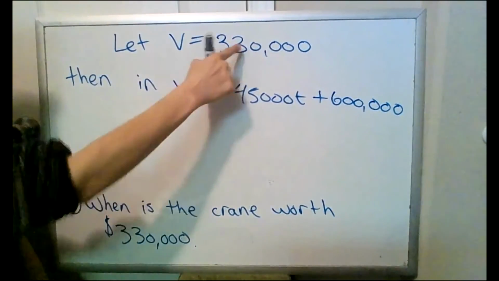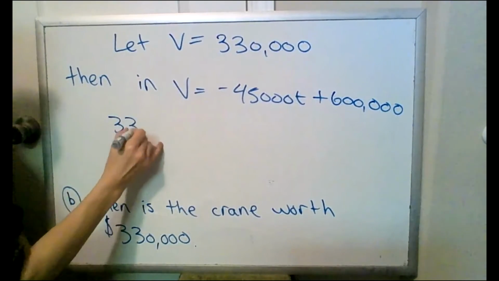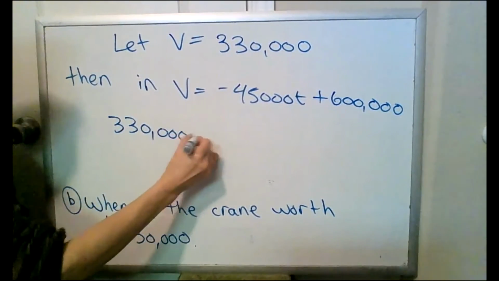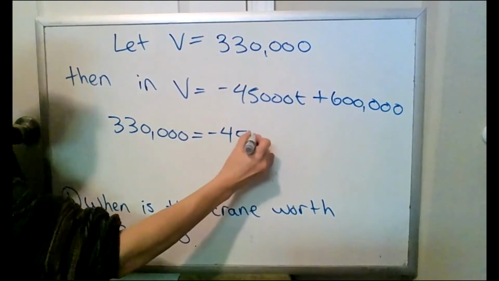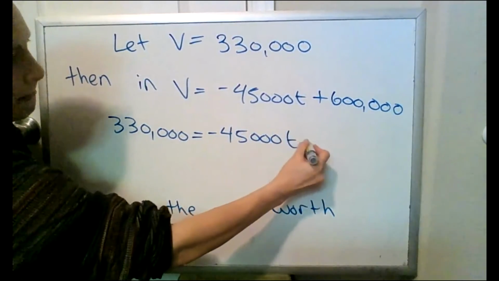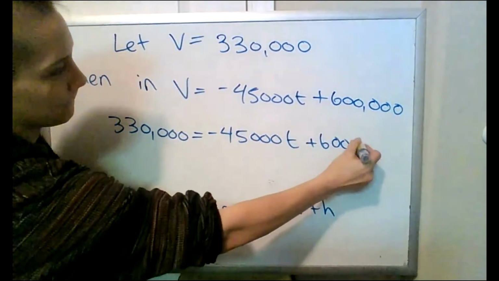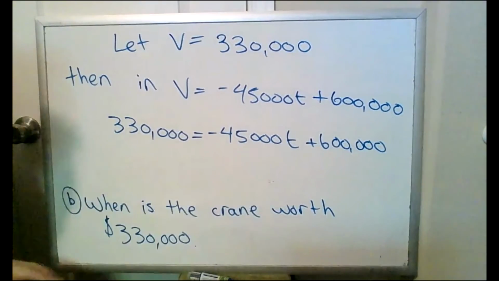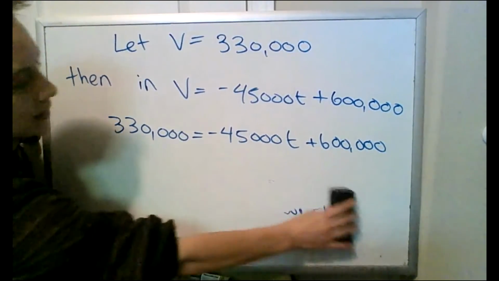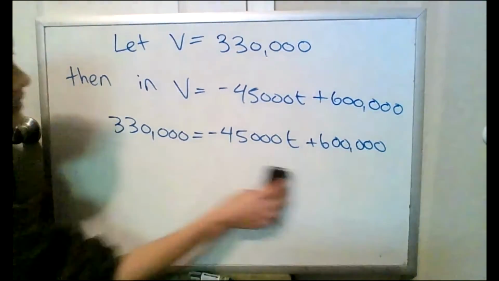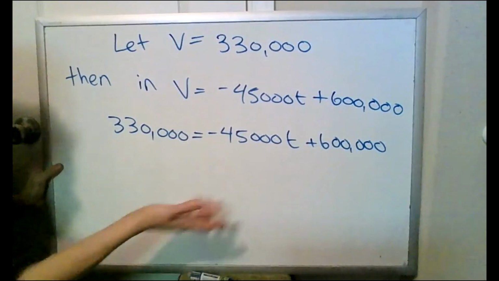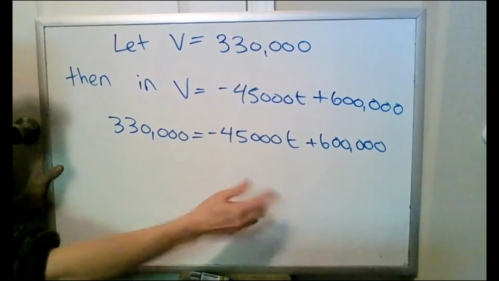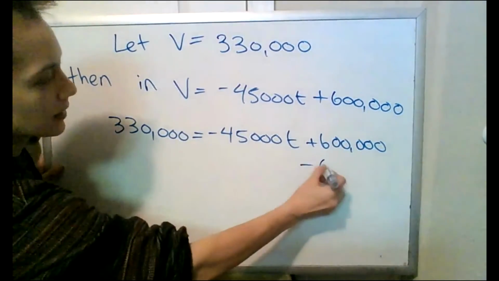We're going to have this substituted in right here, and then we need to solve for t. It's the same process we've been practicing, just larger numbers. So we're going to subtract 600,000 from both sides.